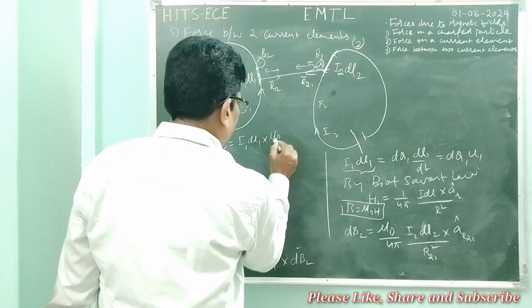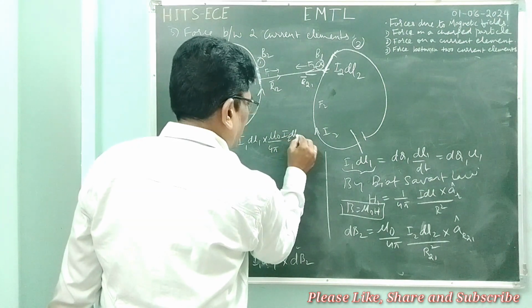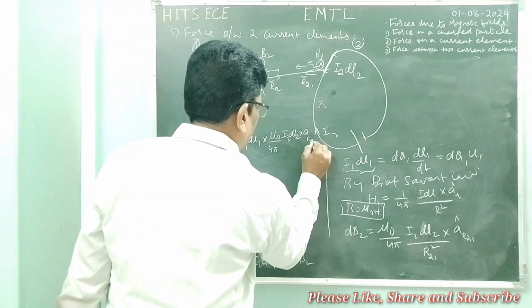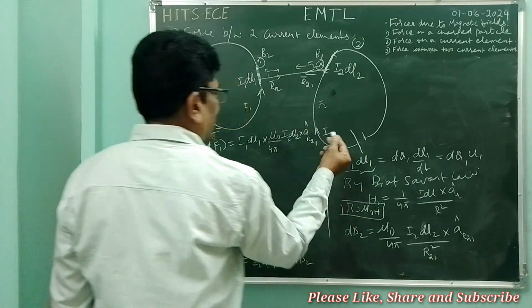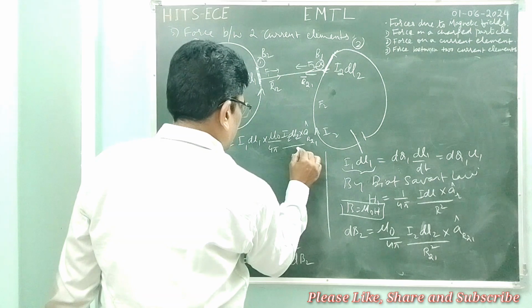That is mu 0 by 4 pi I2 dL2 cross aR21 cap, the unit vector in the direction of R21, by R21 square.